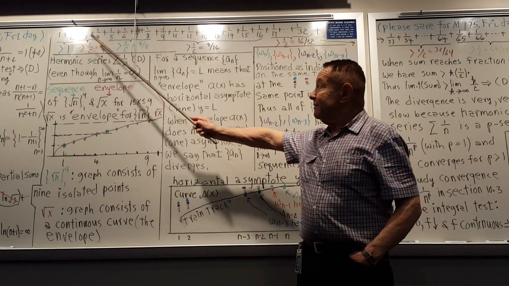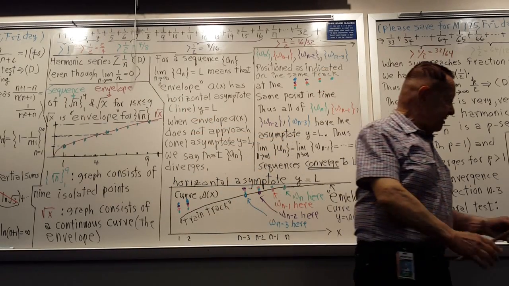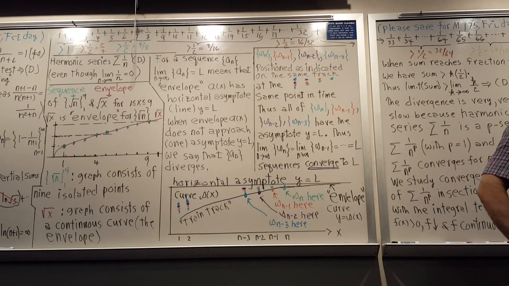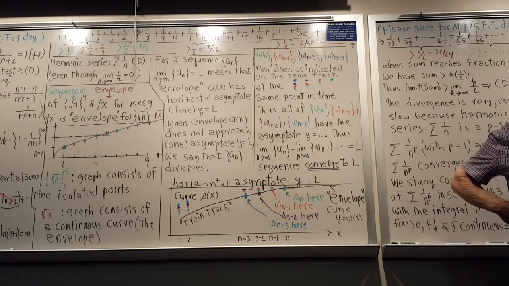People took the approach that I'm about to go through with you quite a long time ago, long before the era of Sir Isaac Newton and Leibniz and calculus as we know it.